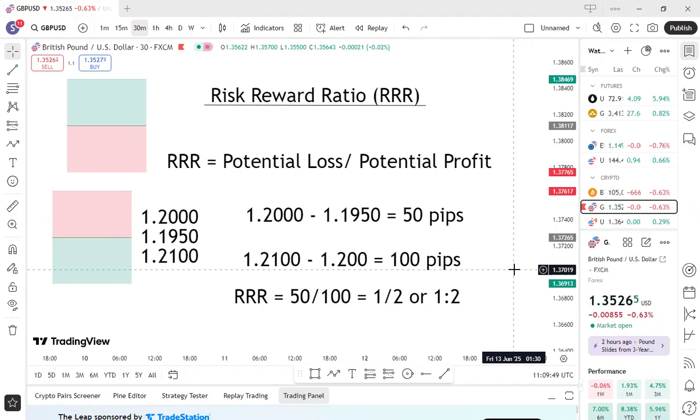Third, it keeps you focused on high probability, low risk trades.